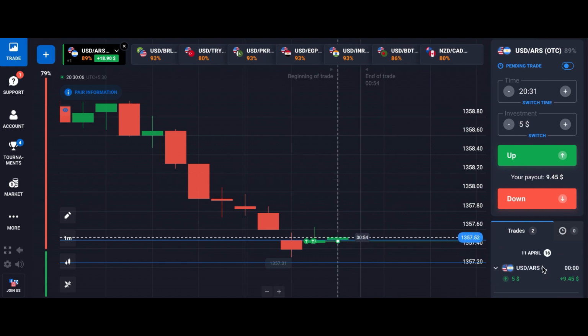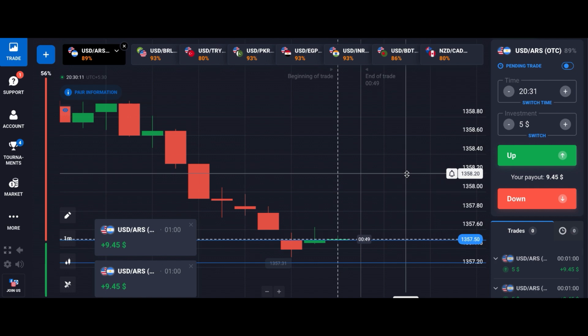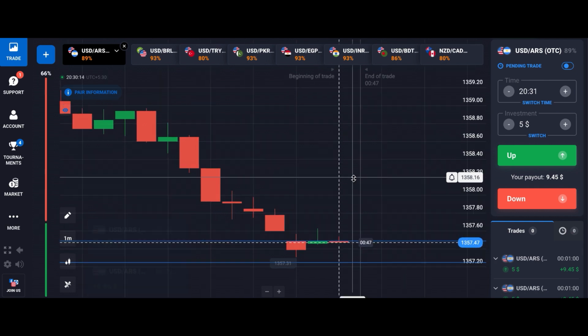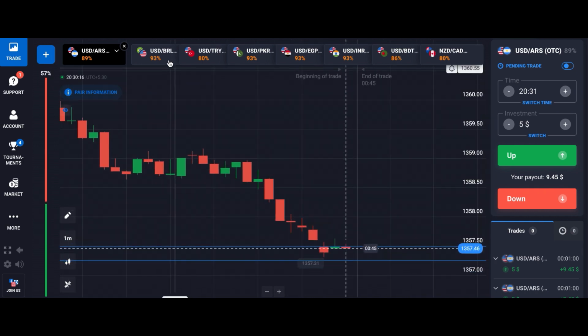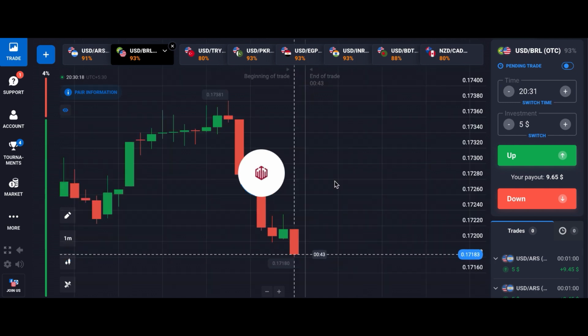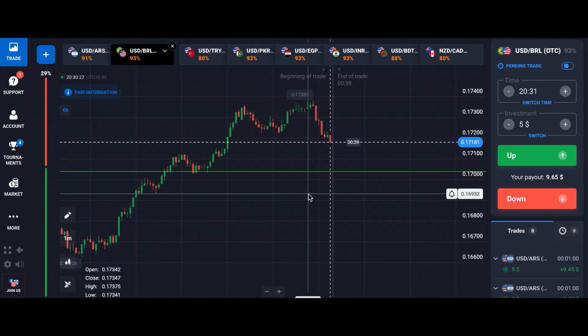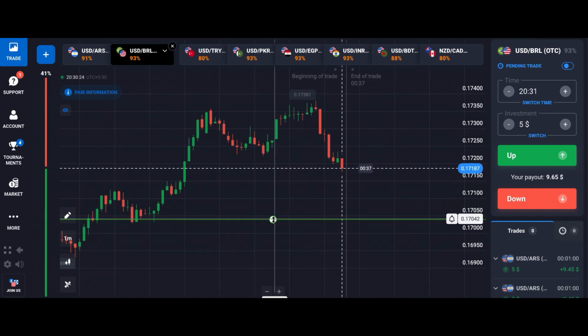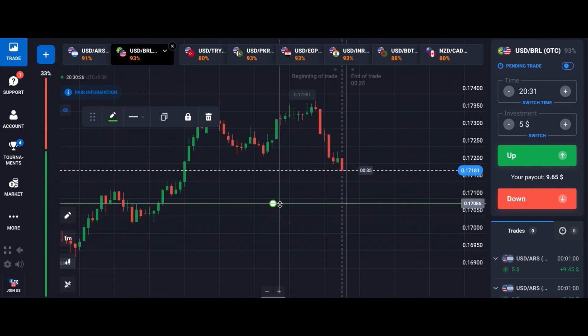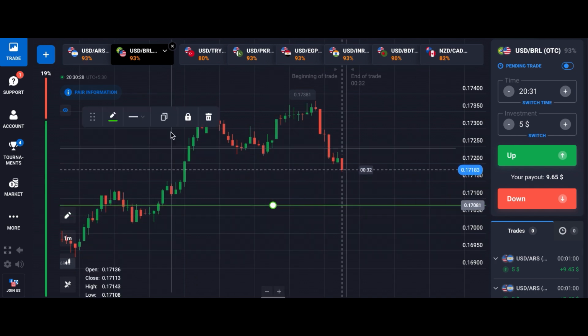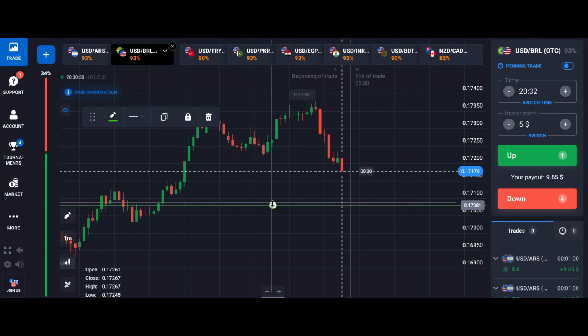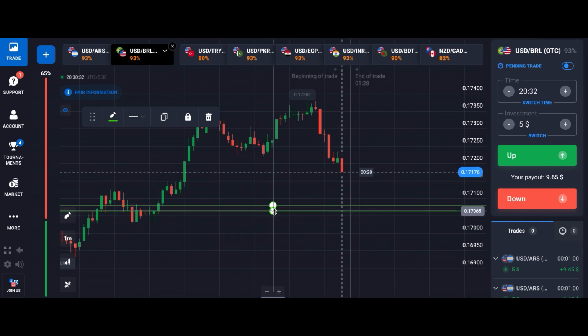So what is the result of this trade? Yes, we have won this. Okay, so you know the strategy is very powerful. It gives a huge amount of returns.